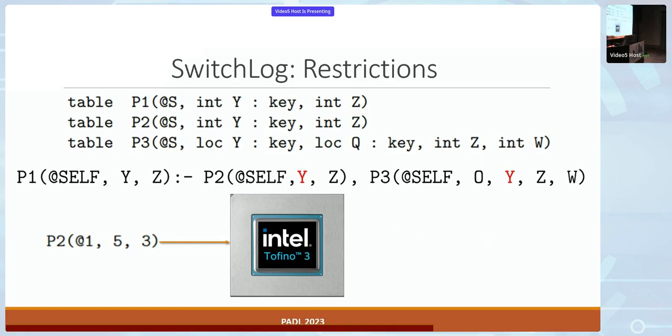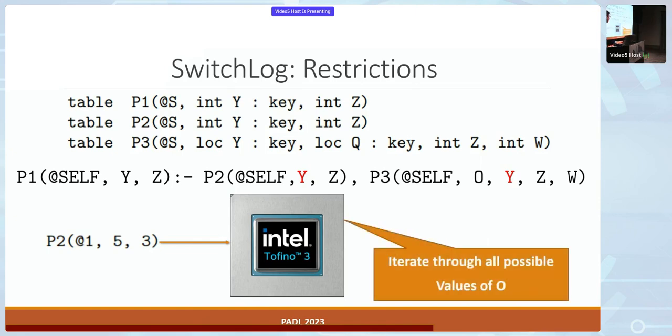So the only term we don't know is O, which is of type location. And location, we said, is the set of switch IDs, which is typically a small finite range of values which we can iterate over, or that is allowed.